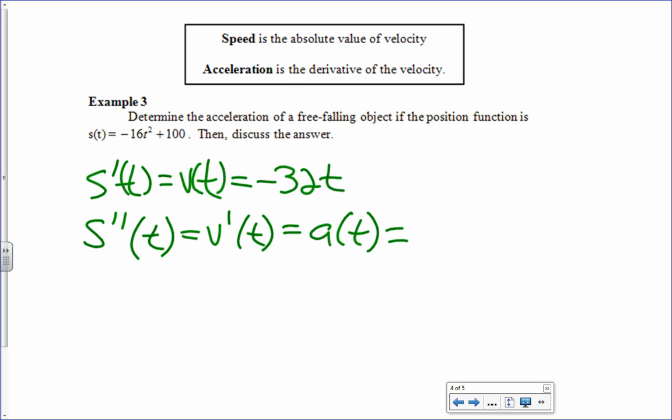So in other words, take the derivative again. And so it is negative 32. And based on the problems that we've had, this would be feet per second, otherwise known as feet per second squared.